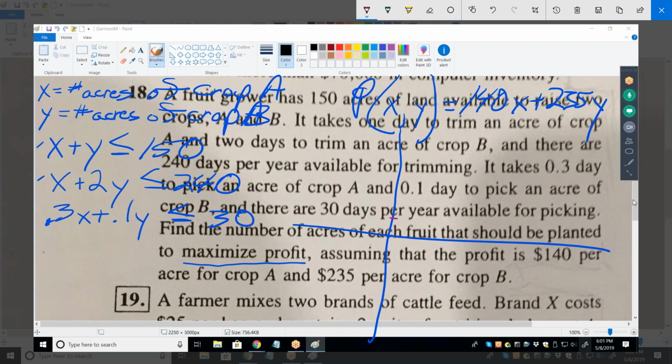Let's call that 30, let's call this 150, and let's call this 240. So this first constraint is y equals negative x plus 150, with a 45-degree slope.